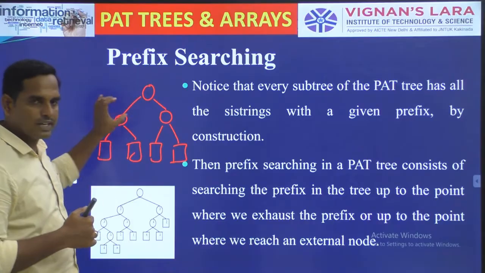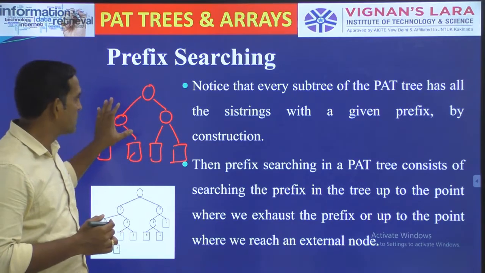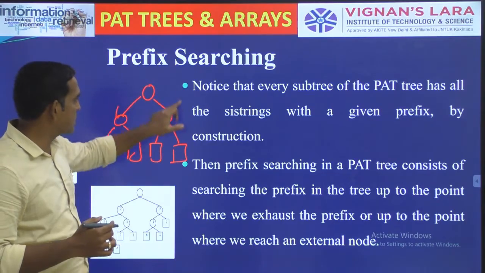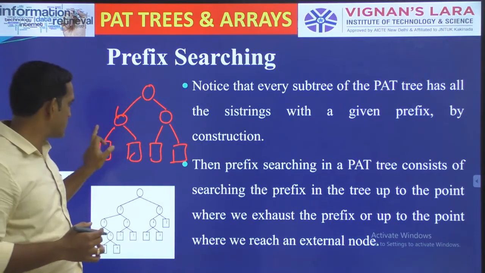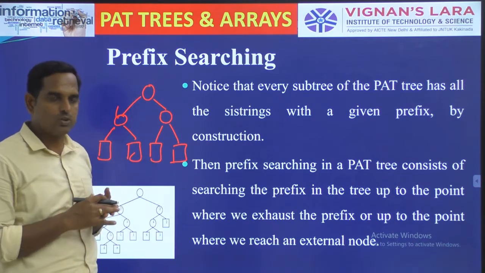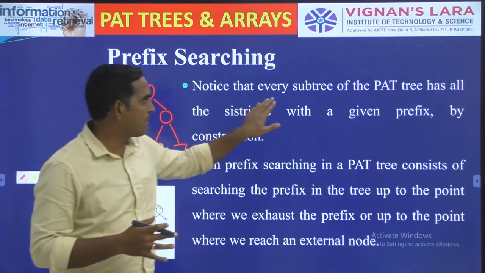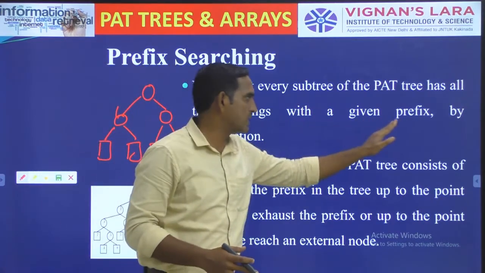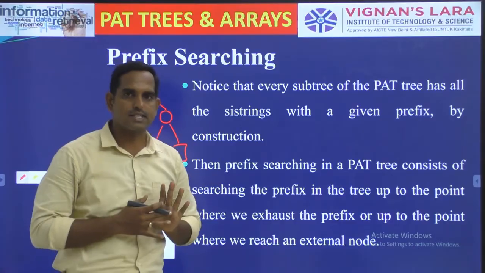Each and every node has a significance. All the internal nodes will be used for branching, and the external nodes will represent the string which you are trying to search. Notice that every subtree of your trie has all the strings with a given prefix by construction.